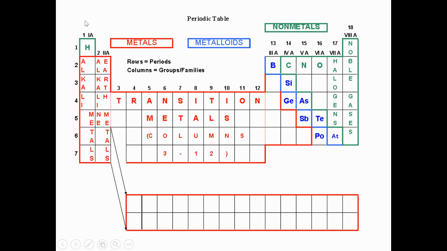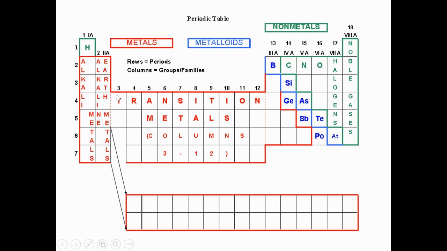The elements in column 1, with the exception of hydrogen, are known as alkali metals. Those in column 2 are known as alkaline earth metals.